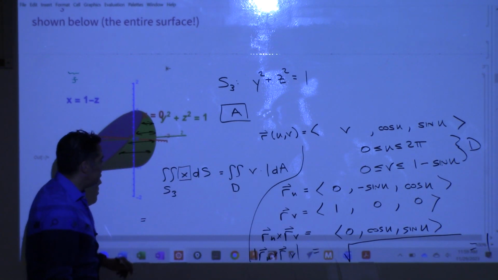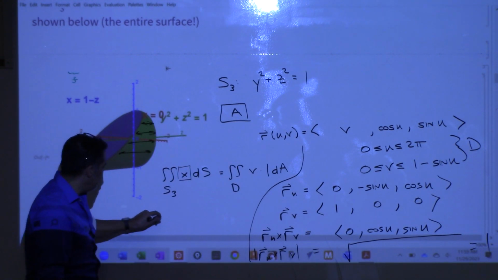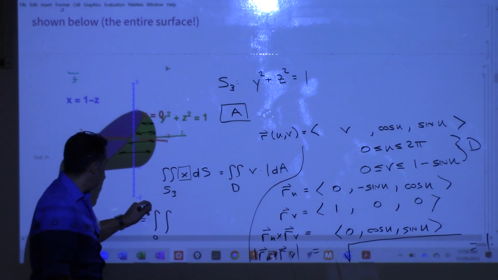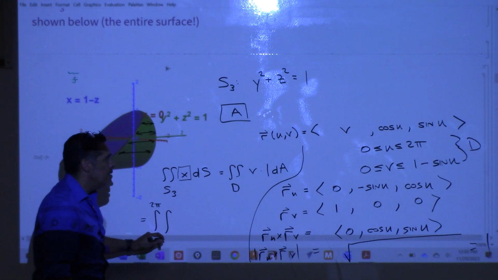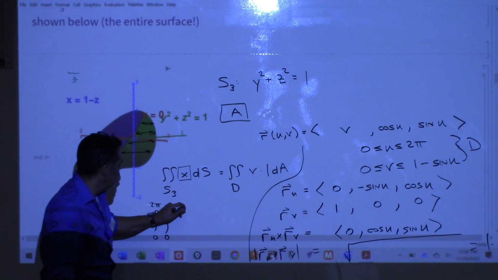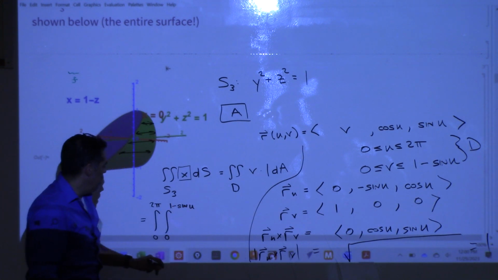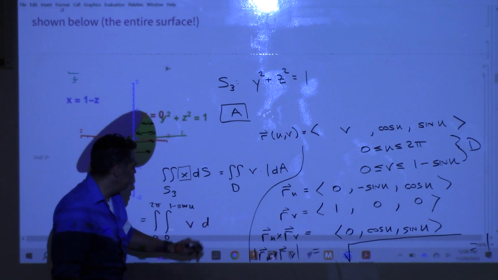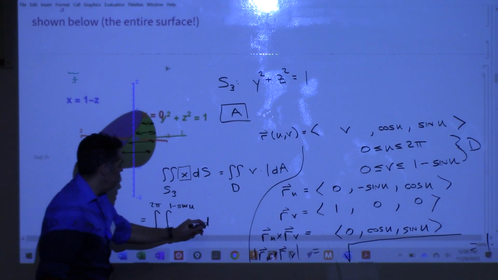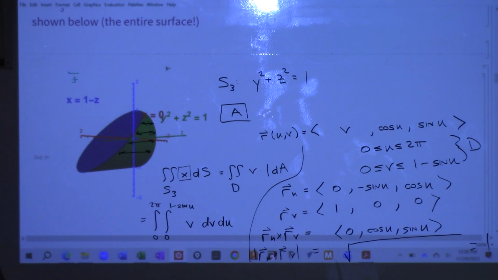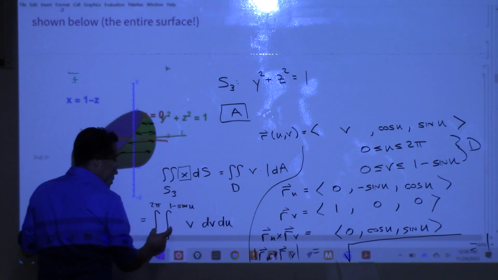Okay, now let's use some limits of integration. So we've got, here are the order I do not get to choose. 0 to 2 pi, and then 0 to 1 minus sine of u, and I'm integrating v dv du. So I just put my limits of integration.